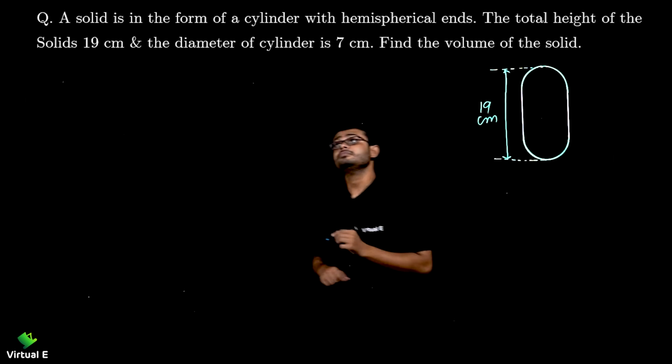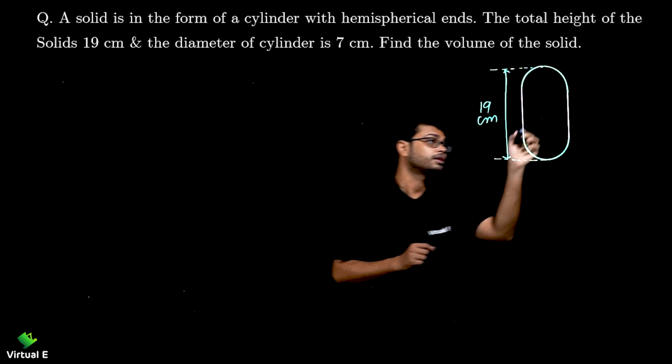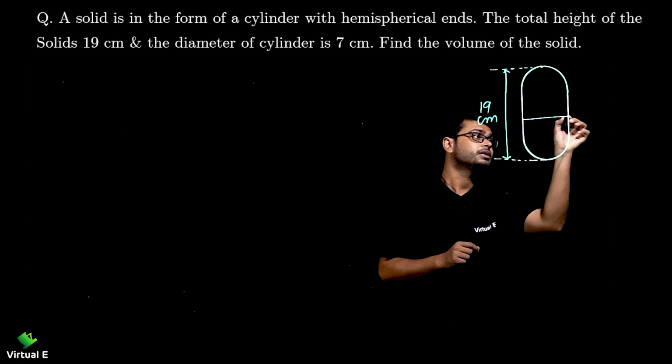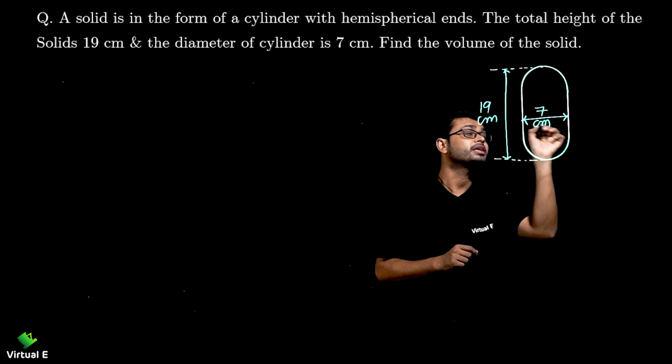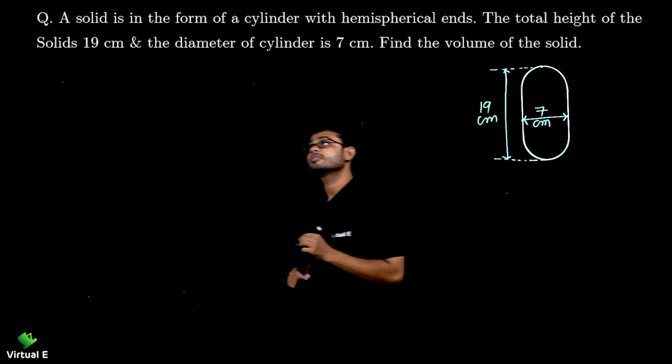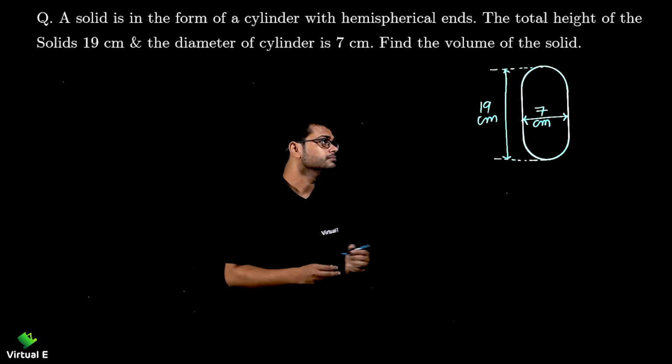Then the diameter of the cylinder is 7 centimeter. Find the volume of the arrangement, or solid, let's say.